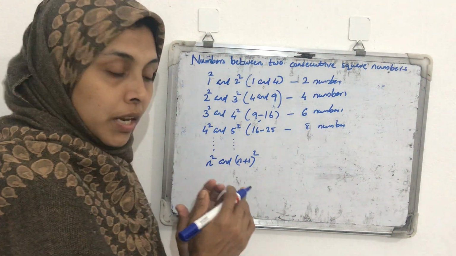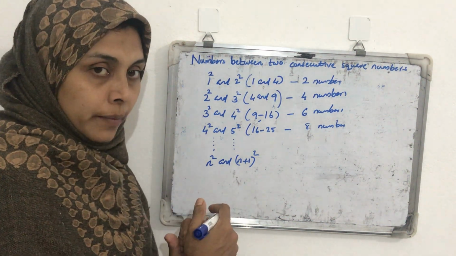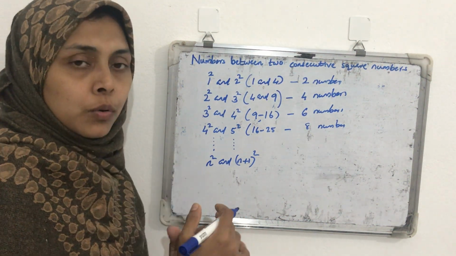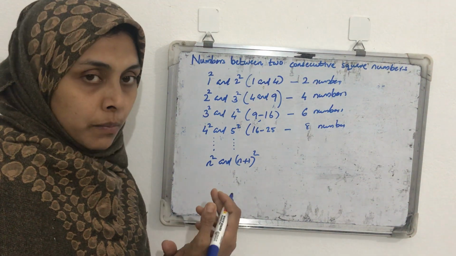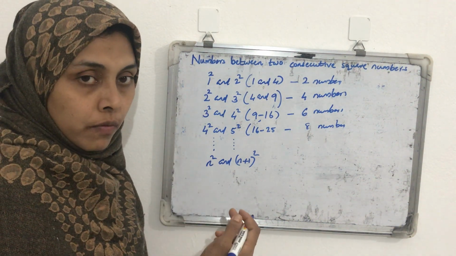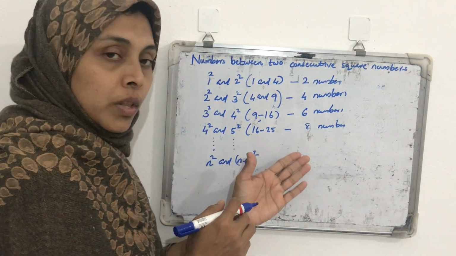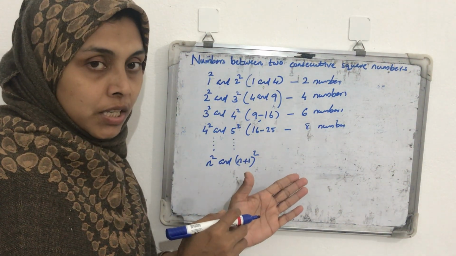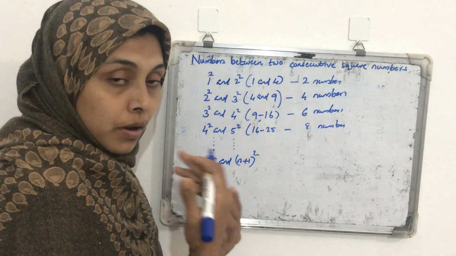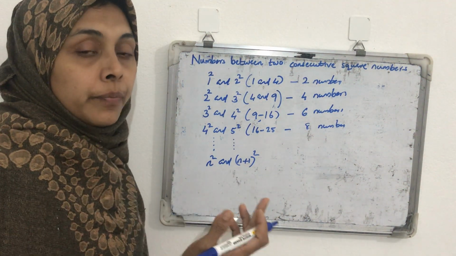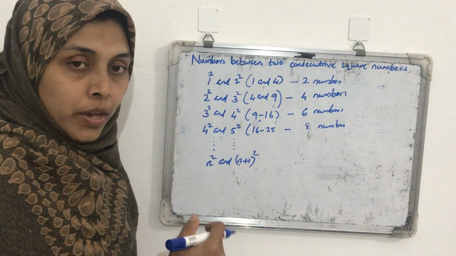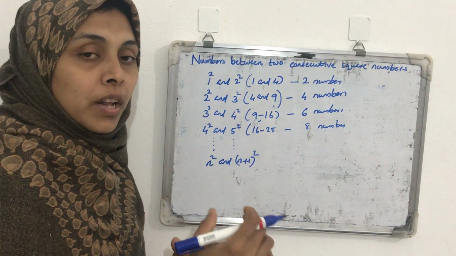So in between n square and n plus 1 whole square, that means any two consecutive square numbers, because higher numbers we also want to consider. If it is a very small number, we can count and find the correct number. But if it is higher numbers, in between 21 square and 22 square, how many non-square numbers are there?